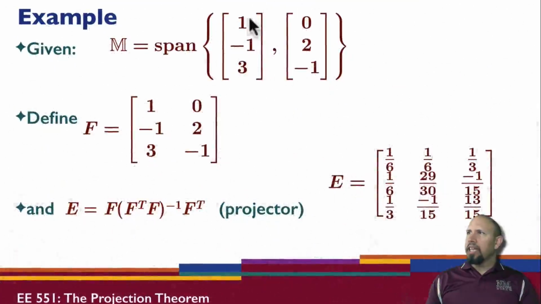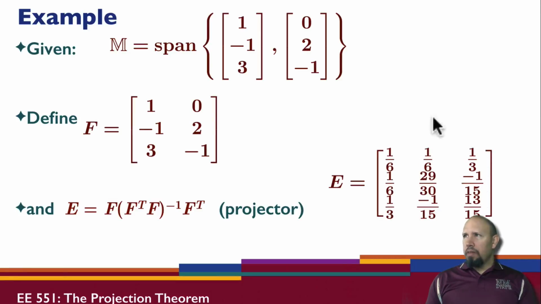Let's look at an example like this. Here M is the span of these two vectors. And so we define F to be the matrix formed from those two vectors. We then plug that into this formula: E is equal to F times (F transpose F) inverse times F transpose. This is the projector. When we go through and plug this F in, we get this matrix.